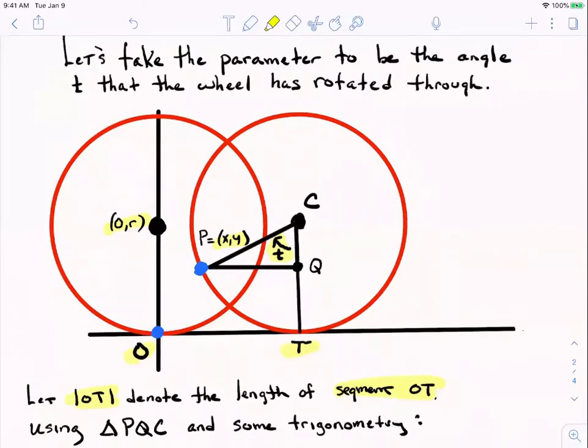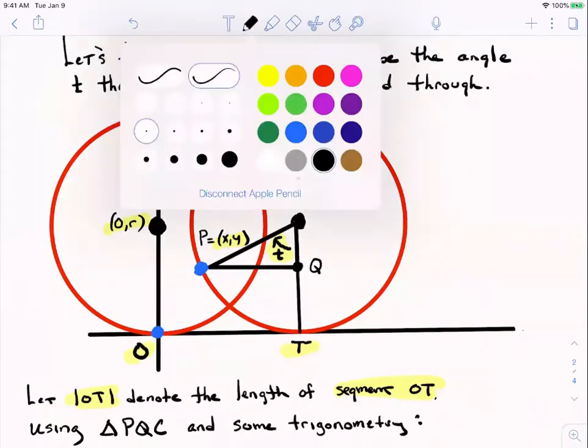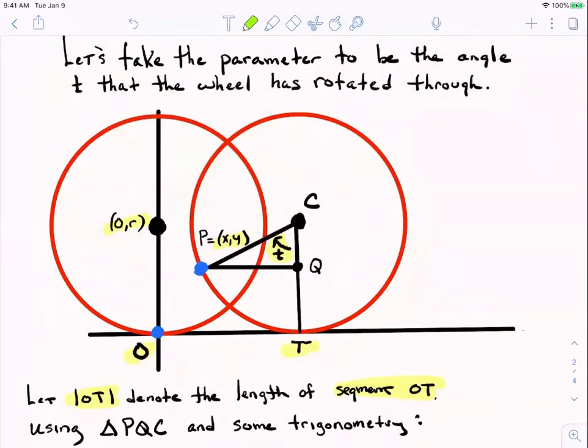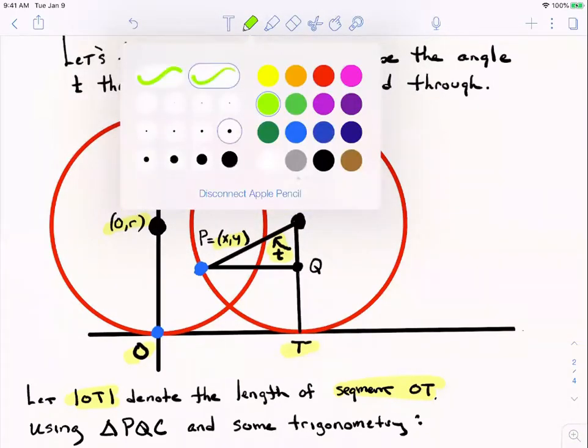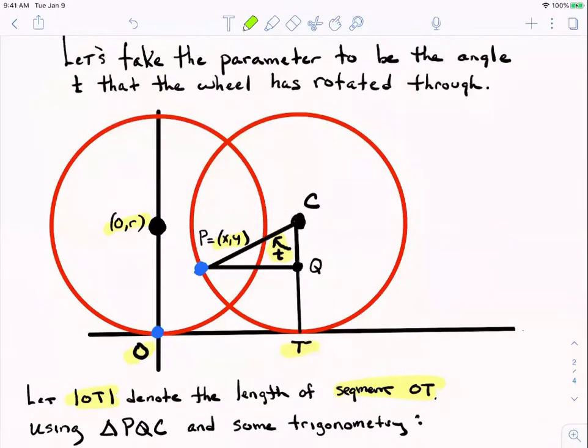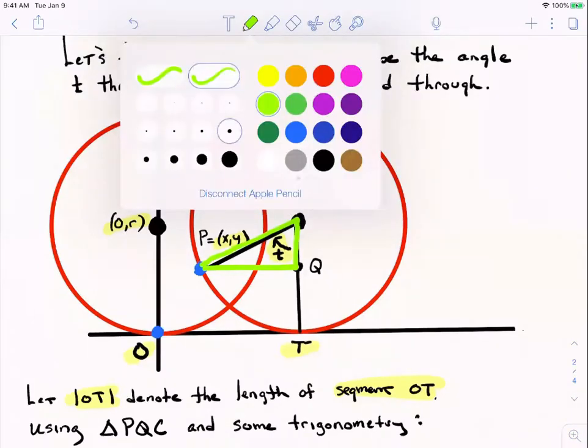Maybe I'll outline it in some bright color so you're all looking at the same thing I am. That's the triangle PQC. And we know one of its side lengths is r. That's the hypotenuse. Good.